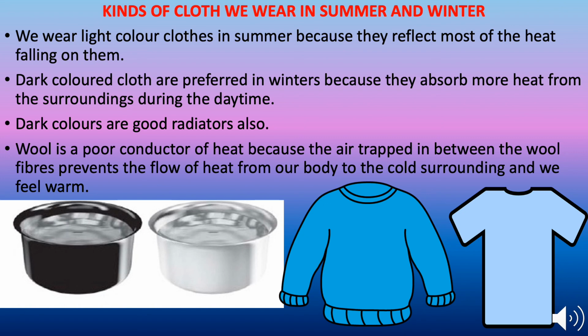Like that, darker objects absorb more heat in comparison to lighter ones. So, we prefer dark color clothes during the winter season because they will absorb more heat from the surroundings during the daytime and we will feel warmer. And during the summer season, we wear light color clothes because they reflect most of the heat falling on them. But students, these dark color clothes are good radiators also.